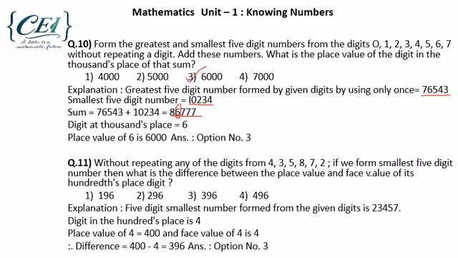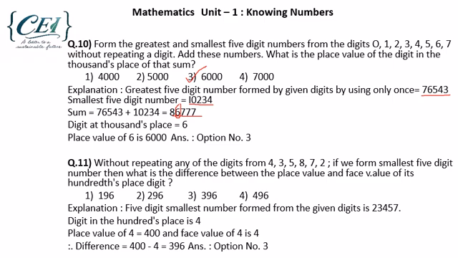Without repeating any digit from 4, 3, 5, 7, 8, if we form the smallest 5-digit number, what is the difference between the place value and the face value of its hundreds place digit? First we have to find the smallest 5-digit number.